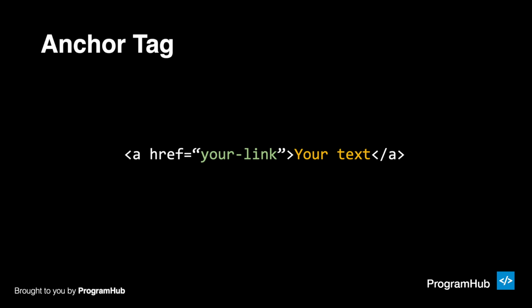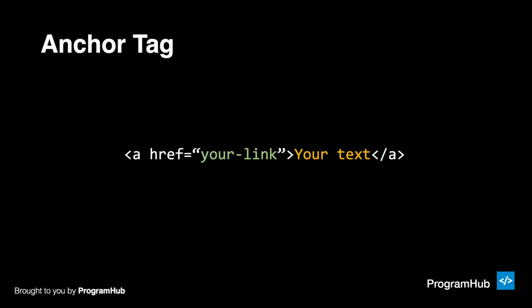So an anchor tag starts with a, and obviously it's inside an opening and a closing bracket. Inside the anchor tag, you have an attribute that is written as href. Now href equal to double quotes open, double quotes closed. Inside the double quotes, you have to write your link.